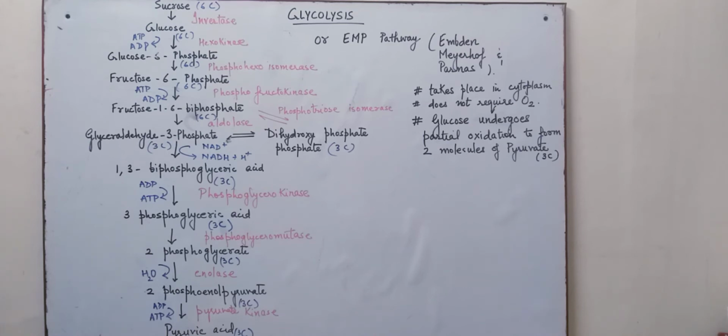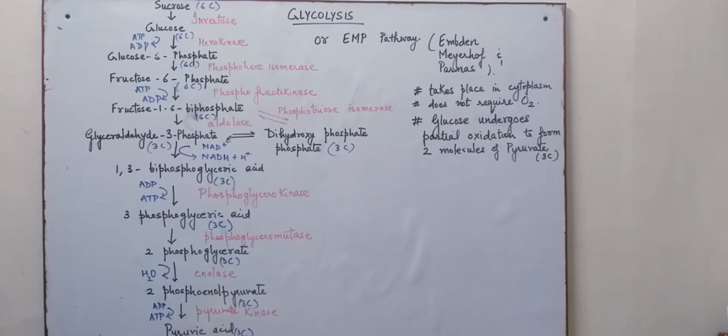Also, it is very important to know that the process of glycolysis is common for anaerobic breakdown as well as aerobic breakdown, and it takes place in the cytoplasm of the cell.